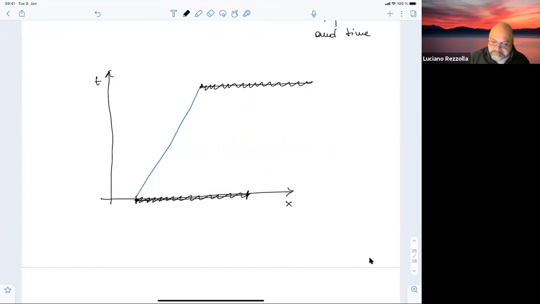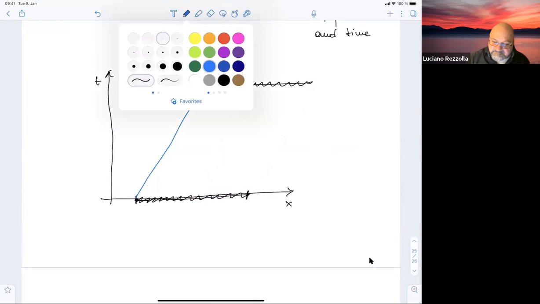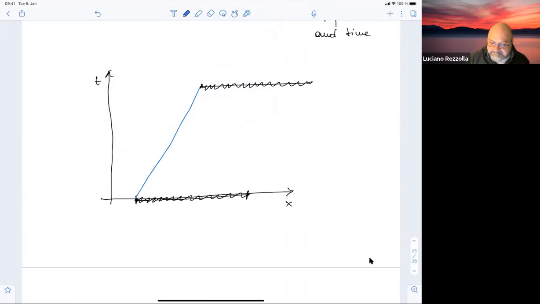The characteristic speed will be different in different positions.